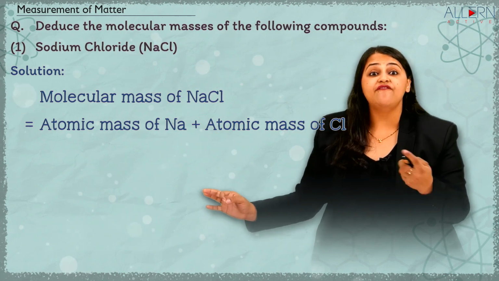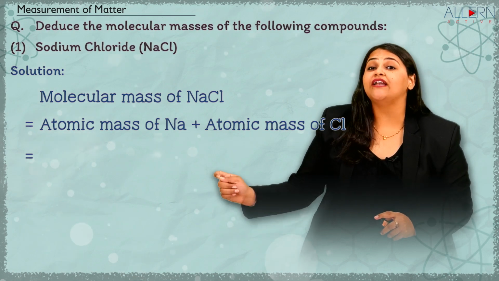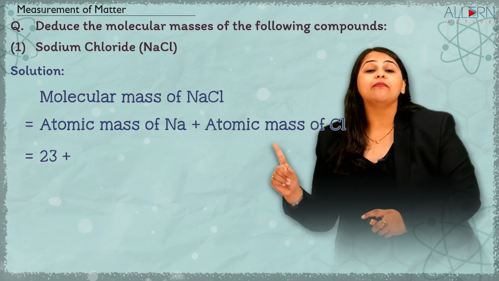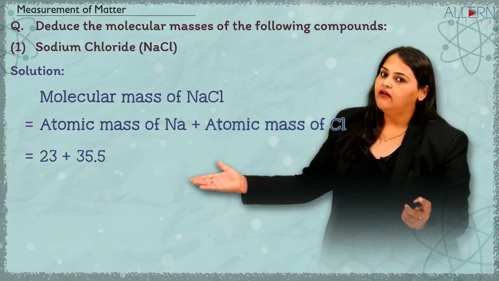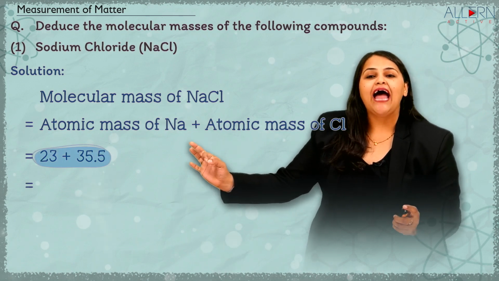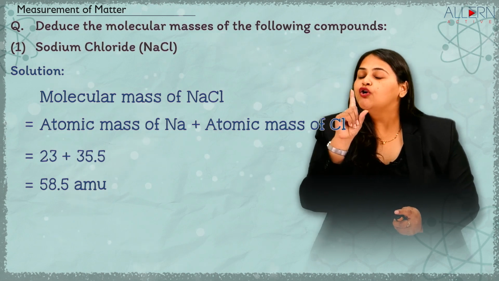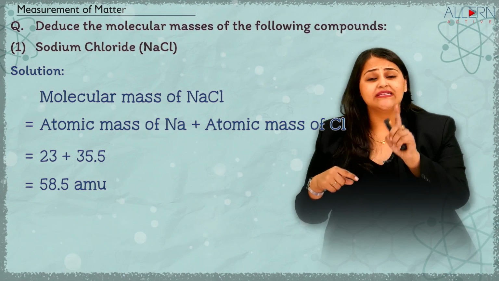Now let's see what is the value. So my dear child, the atomic mass of sodium has a value of 23, so we'll write that down, plus the atomic mass of chlorine, which is 35.5. Let's add these two together and you get the value to be 58.5. Don't forget, just like mathematics, you have to write down units everywhere.